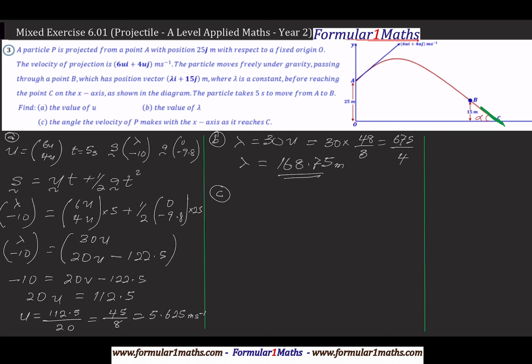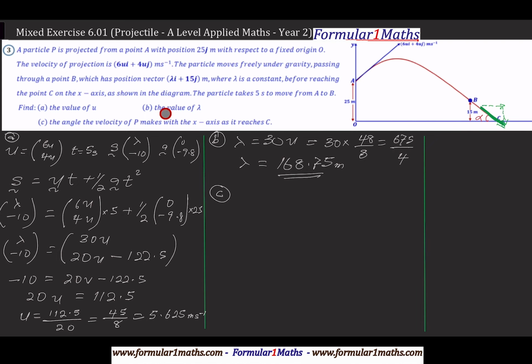Now, this direction here has components horizontally, that way, and vertically, that way.